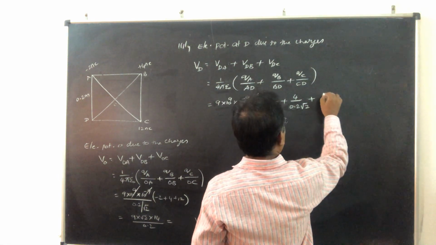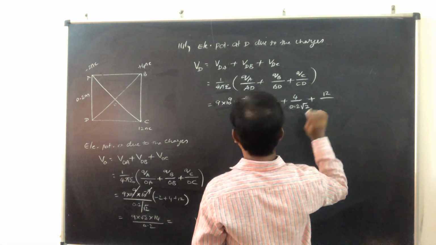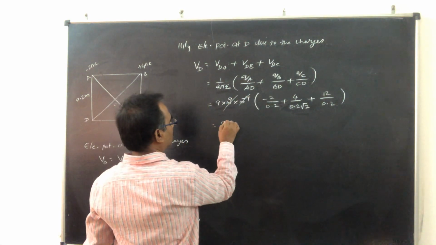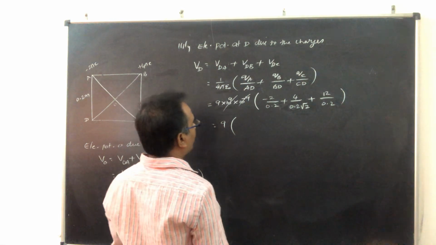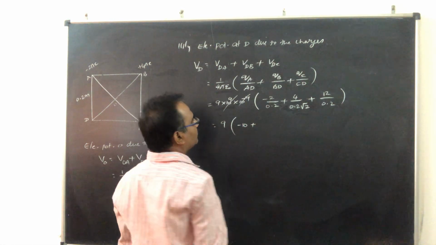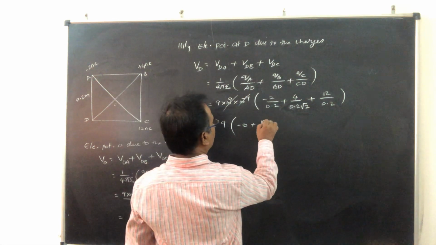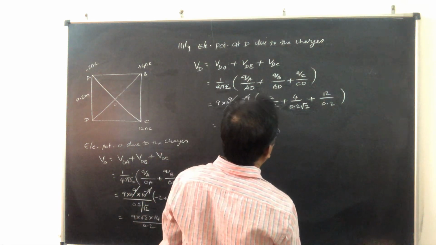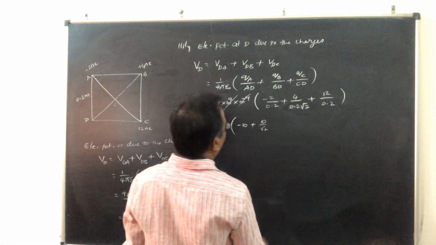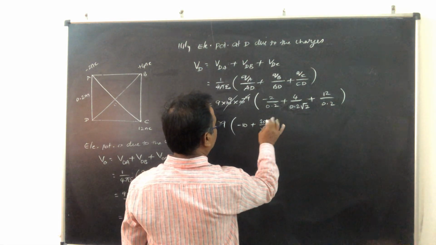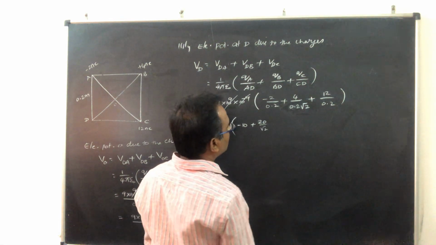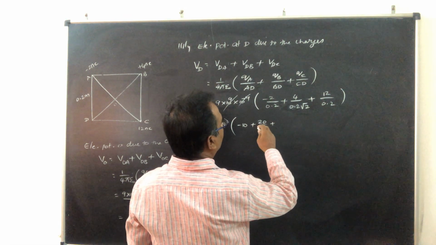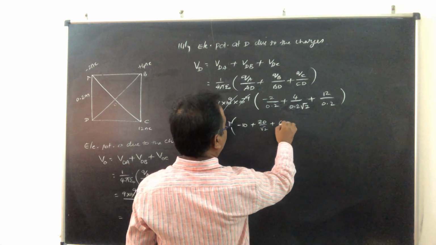Then what is the next charge? 12 nanocoulomb. 12 divided by, what is the distance DC? 0.2. So you simplify this one. So it is 9, and it becomes 10 by root 2 plus 60.